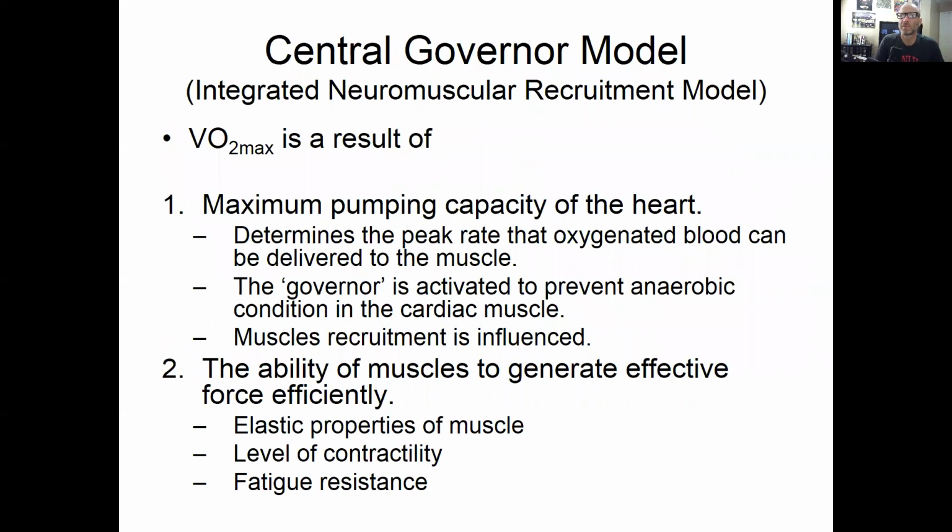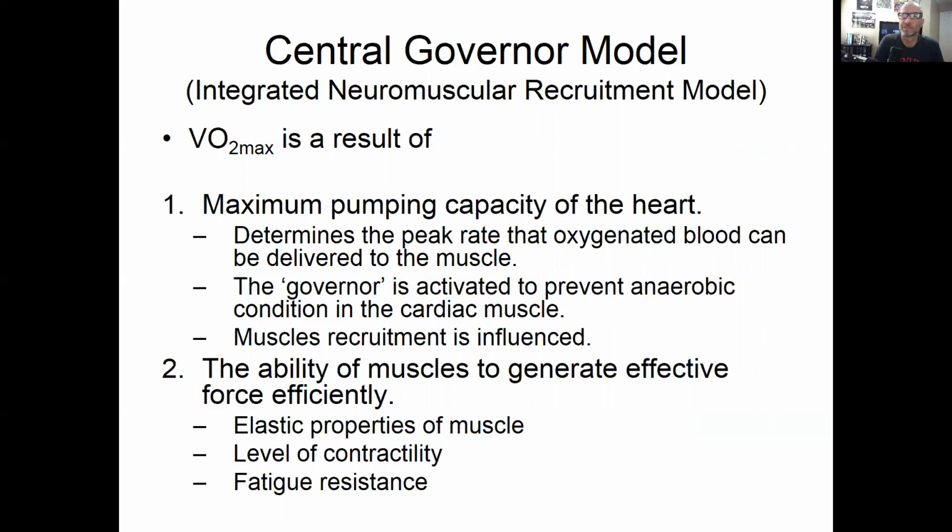So central governor model: VO2 max is a result of the maximum pumping capacity of the heart that determines the peak rate that oxygenated blood can be delivered to the muscle. The governor is activated to prevent anaerobic conditions in the cardiac muscle.